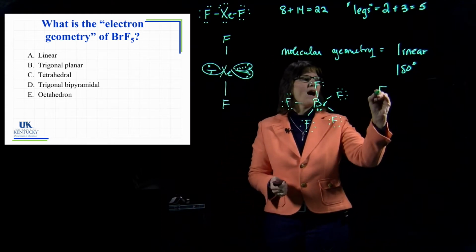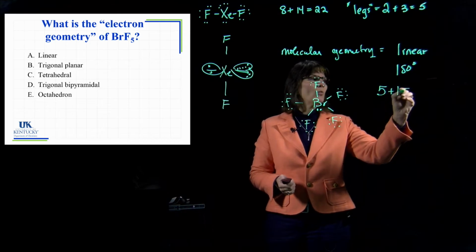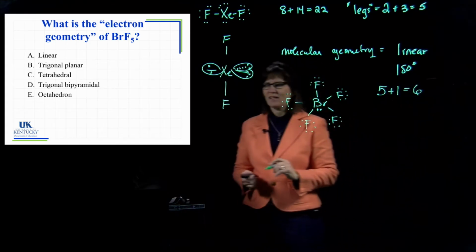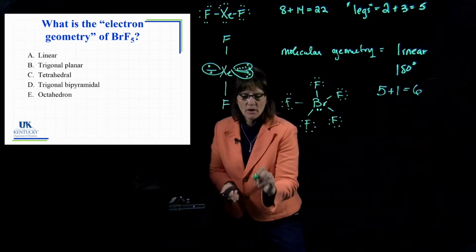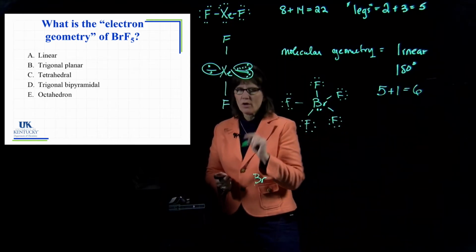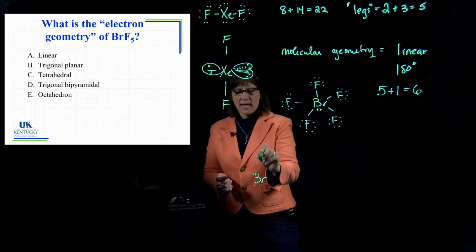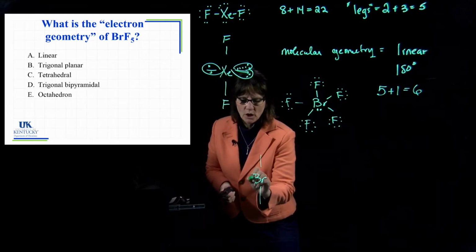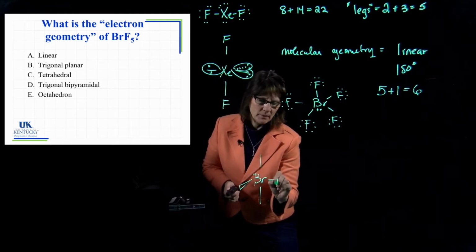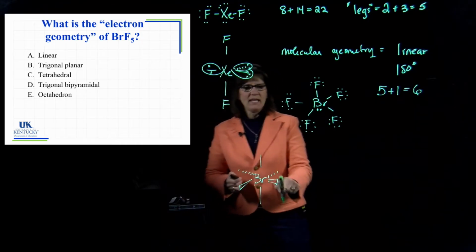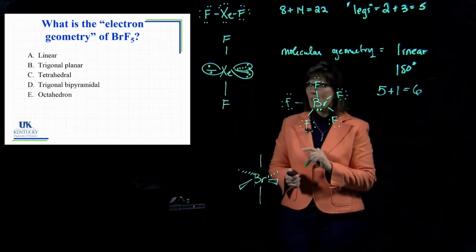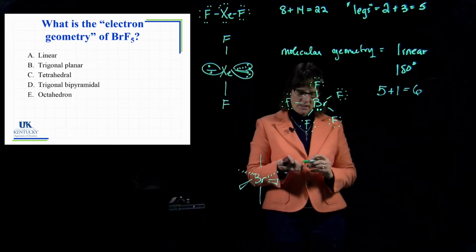So we have 5 atoms, 1 lone pair, 6 legs, and 6 legs is an octahedron. So we put the Br in the middle, and we draw an octahedron. An octahedron has 1 above, 1 below, and 4 in the plane surrounding this central atom. So that is the electron geometry called an octahedron.